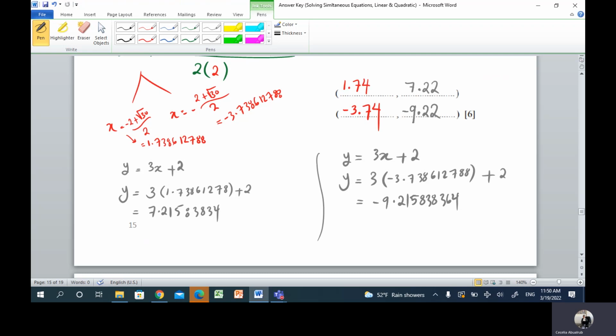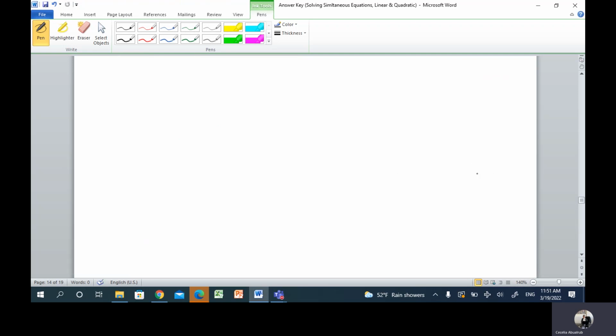And that's how we solved simultaneous equations with one that is linear and the second one is quadratic.